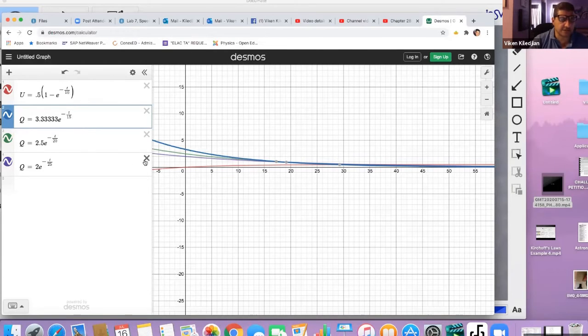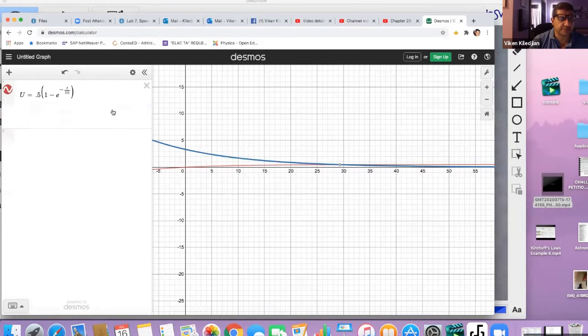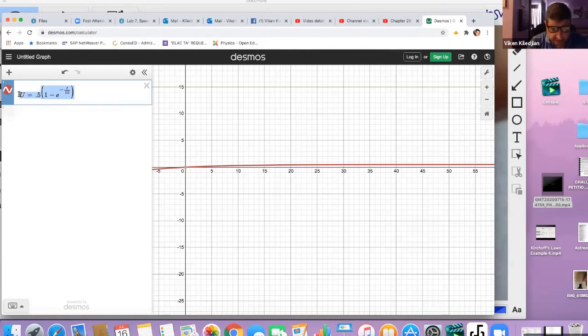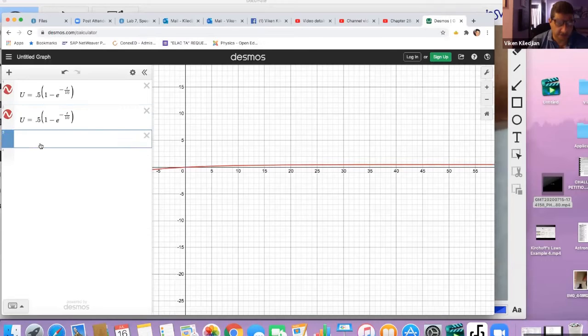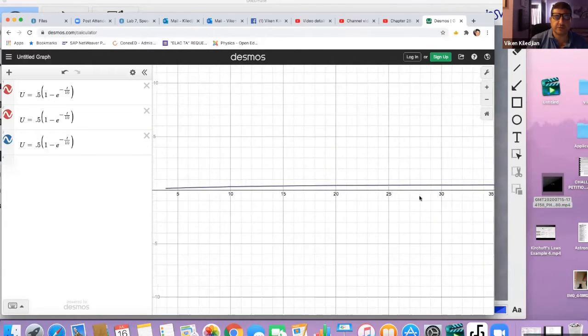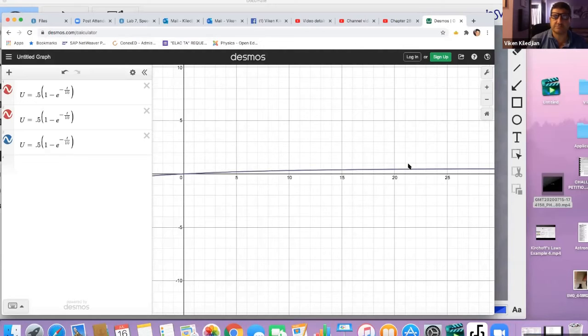The next, let's see here. I'll just copy paste here. This is the energy of the battery, energy of resistor, and energy of capacitor. So I'll do it like that: battery, resistor, capacitor, the same way that it's written in the formula sheet. 0.5 joules.